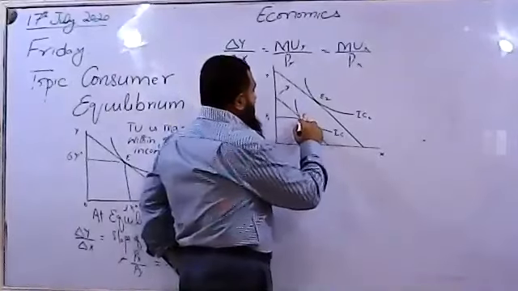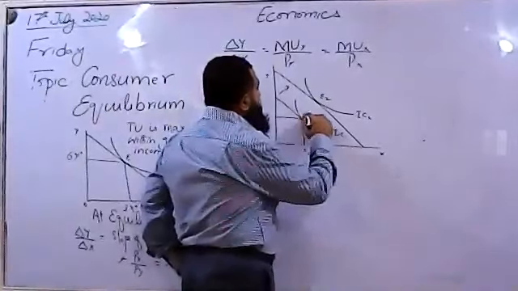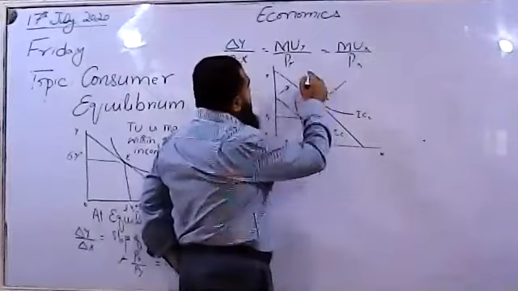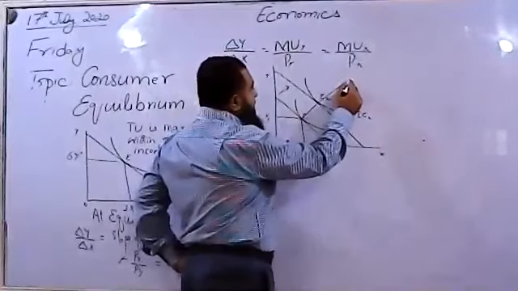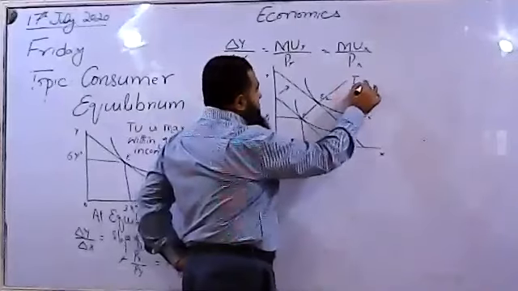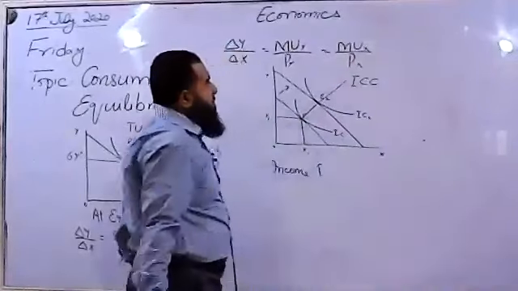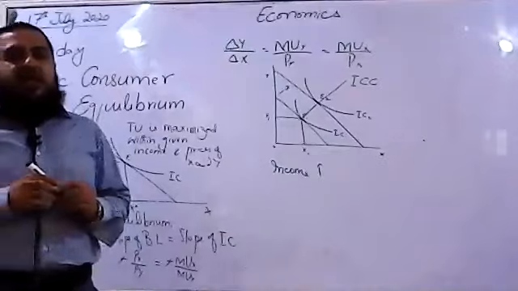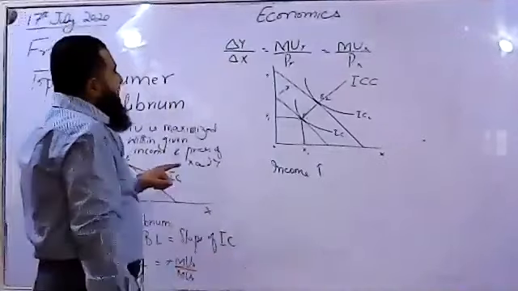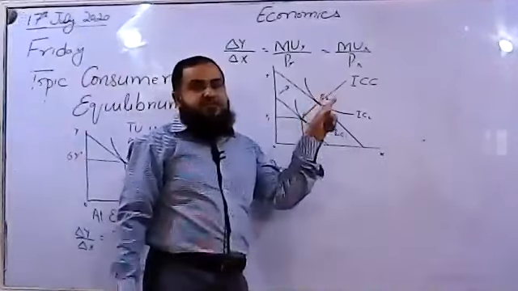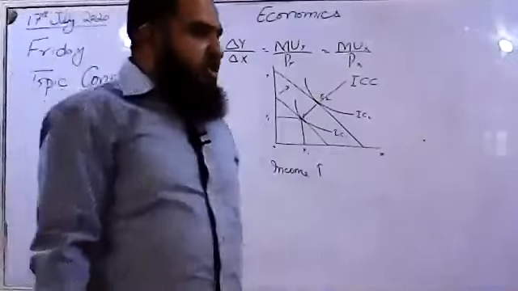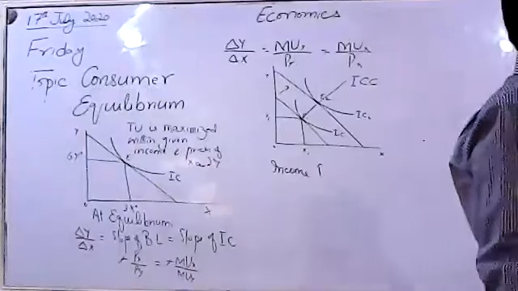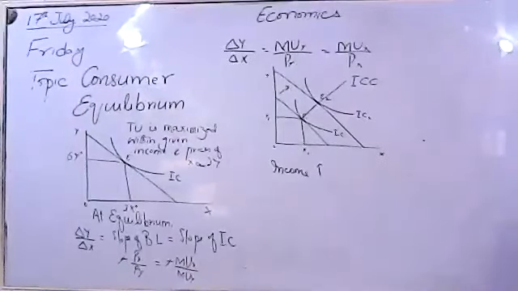So if we join these 2 points, and if there are further increases in income, we will have this path. This is called the income consumption curve. In the income consumption curve, by joining the equilibrium points, if the consumer is increasing the consumption of both goods, then we say both goods are normal goods.